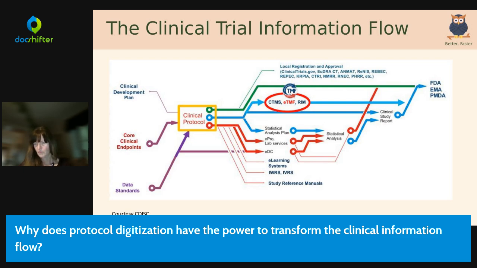The reason it has the power to transform so much is that it solves a lot of problems that exist now. I watched a digital data flow webinar recently where the speaker said he had spoken with someone at a top pharma company who told him that 50% of the data points in the clinical protocol were incorrectly transcribed into other systems.